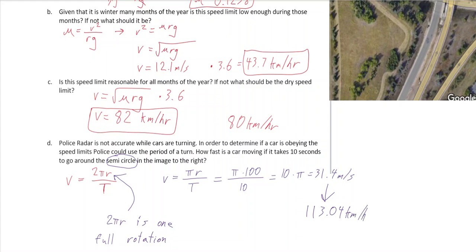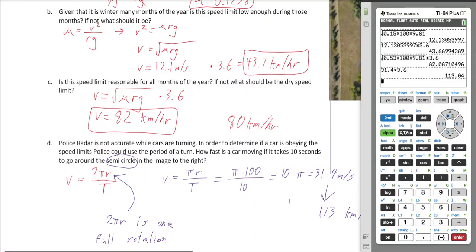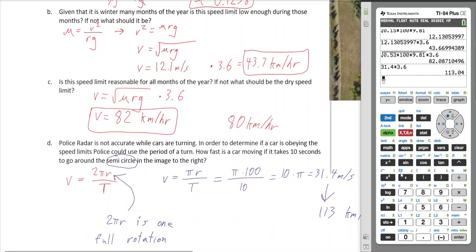So 113 kilometers per hour for this wacko driving around the corner. You can imagine that very quickly, if we move that value to be bigger, it would change our results. So we had it as 100 times pi over 10, but let's say it was 15. Now it's at 20, right?